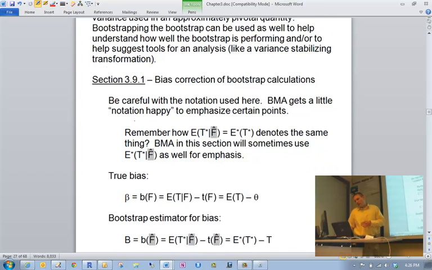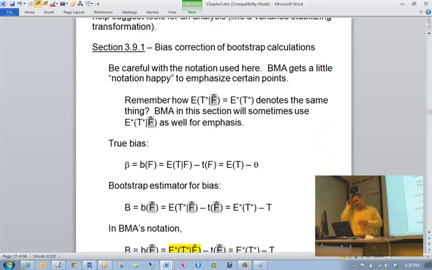Okay, so section 3.9.1, bias correction of bootstrap calculations. Be careful with the book's notation, as always. We've seen before that the expected value of T star given F hat is equivalently expressed as expected value star of T star.